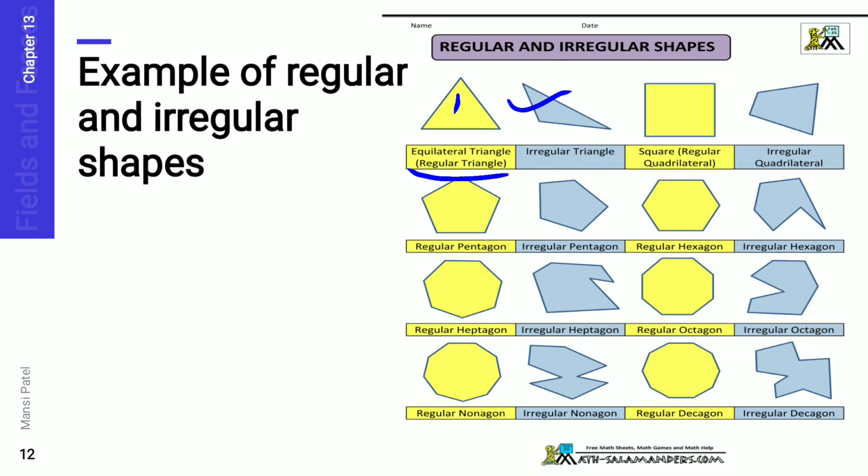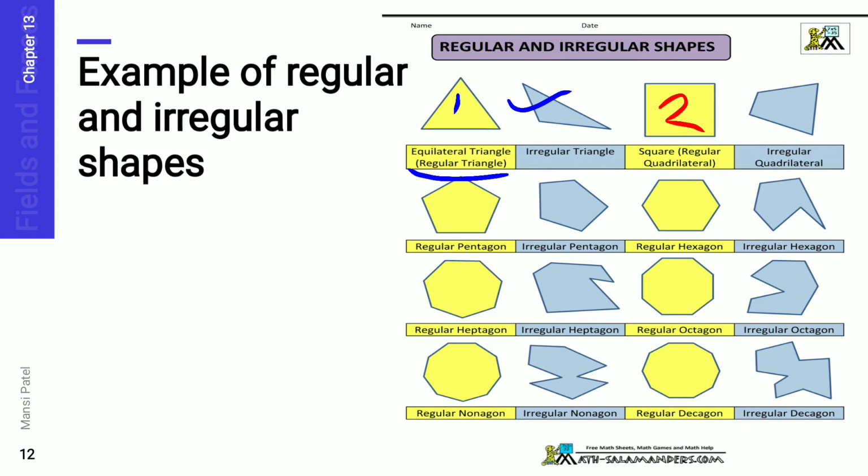Now you can see the second shape, that is the square. All the sides of this square are the same, so it is known as a regular quadrilateral, or we can say the square.